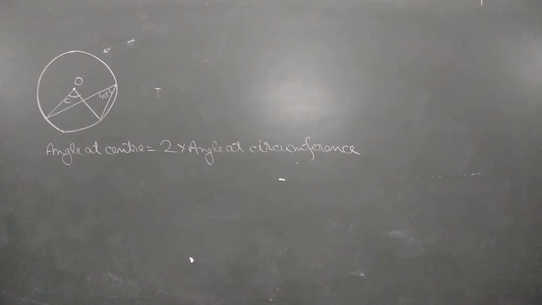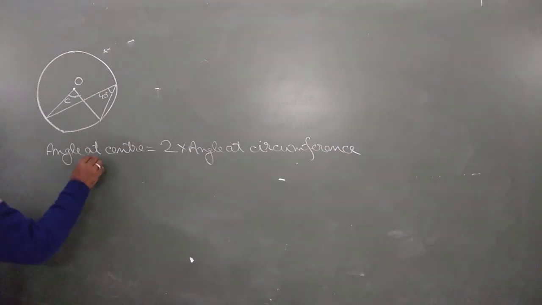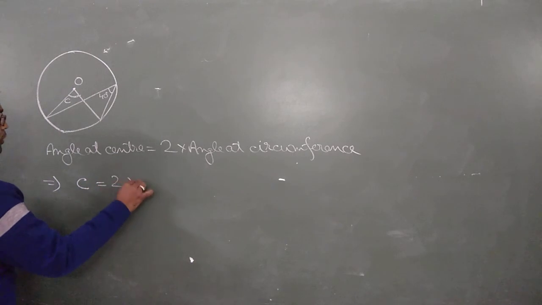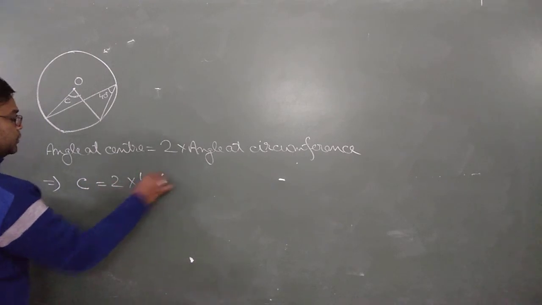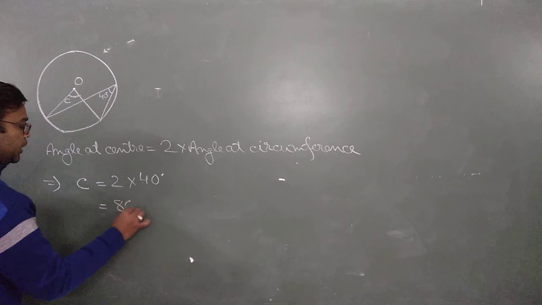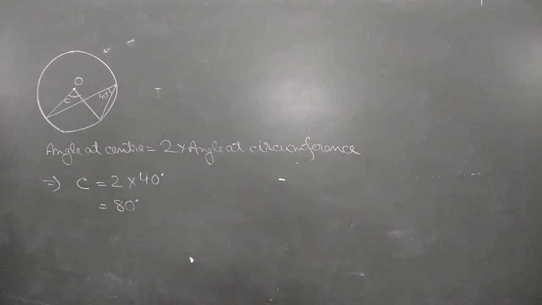Clear? Angle at circumference. So what is the value of the angle at center? C equals 2 into 40 degrees. So the value of C is 80 degrees. Hope this is clear to you.